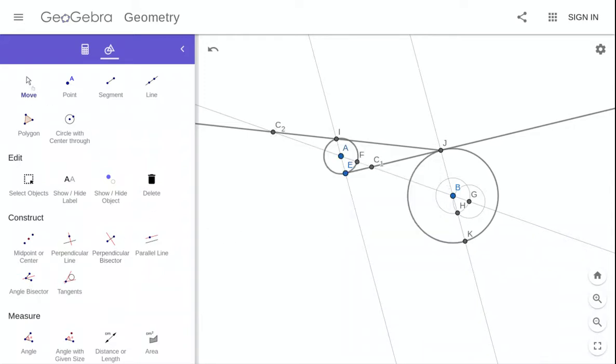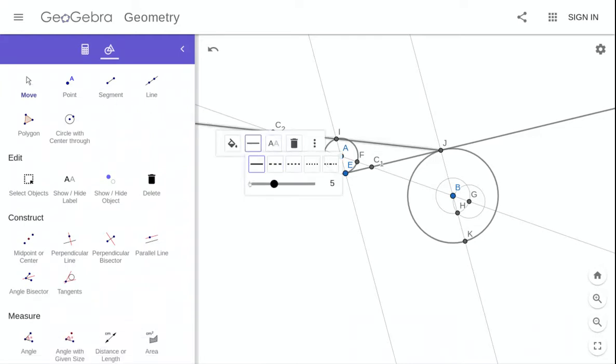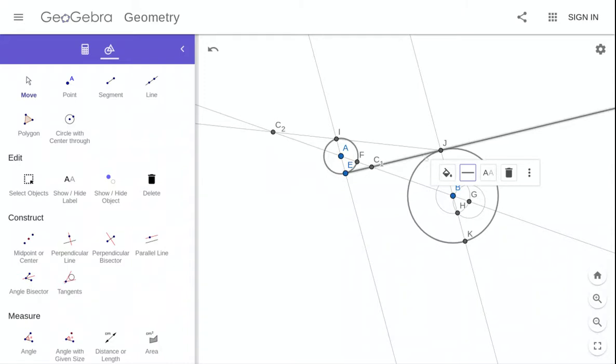And as usual, make our construction lines thinner, just to keep them out of the way. Now this construction line looks real close to the tangent line that we want, but there's no guarantee that it is. So we can't assume that that's the actual tangent line. What we need to do now is construct, so we have the point it's passing through, a line that is tangent to this circle, right?